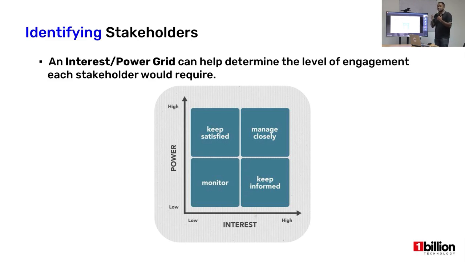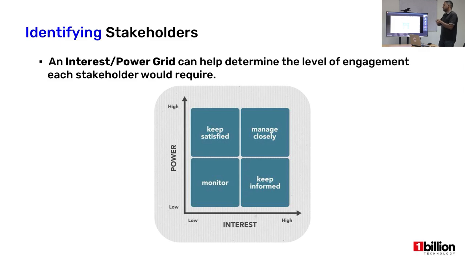The engagement that is required by each stakeholder can be determined by adding them into a graph like this. All right, so as you can see, the x-axis contains the interest of a particular stakeholder, and the y-axis, of course, portrays the power of this certain stakeholder.